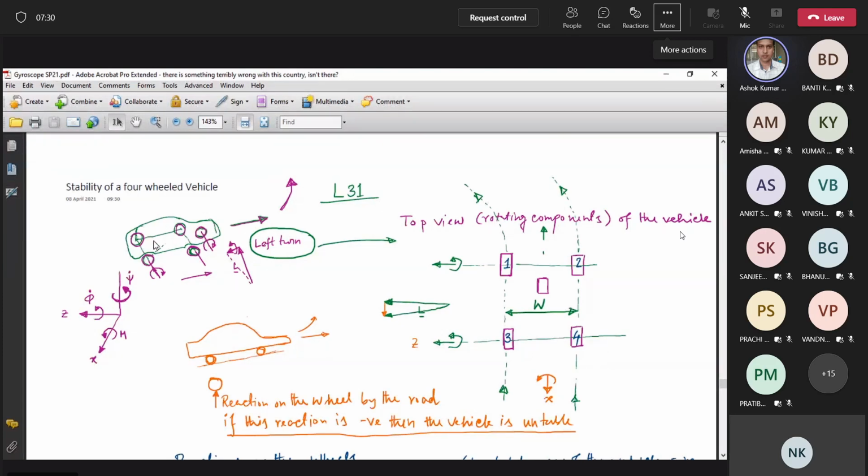Now, what do we mean by stability of a four-wheeled vehicle? Because these four wheels are touching the ground, the ground is also giving some reaction on these four wheels. Now think about a situation where the reaction from the ground on the wheels is negative. What will happen?